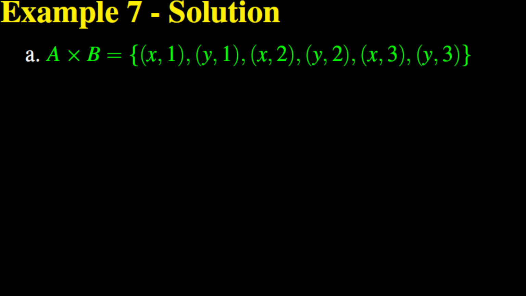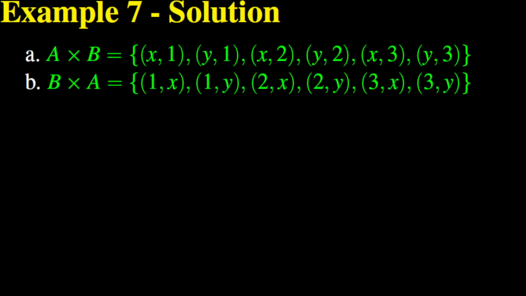Question A: the Cartesian product A times B is the set of ordered pairs (x, 1), (y, 1), (x, 2), (y, 2), (x, 3), (y, 3). Question B: the Cartesian product B times A is the set of ordered pairs (1, x), (1, y), (2, x), (2, y), (3, x), (3, y).